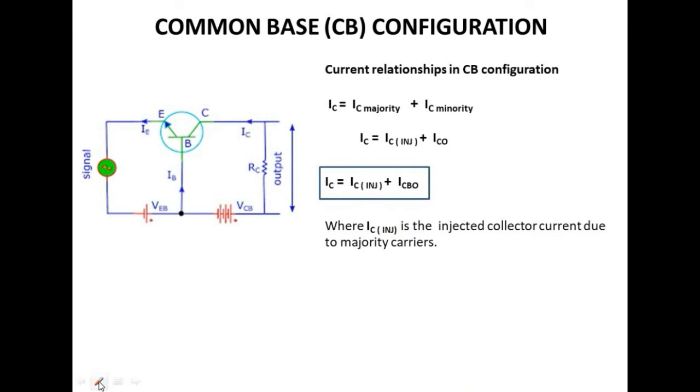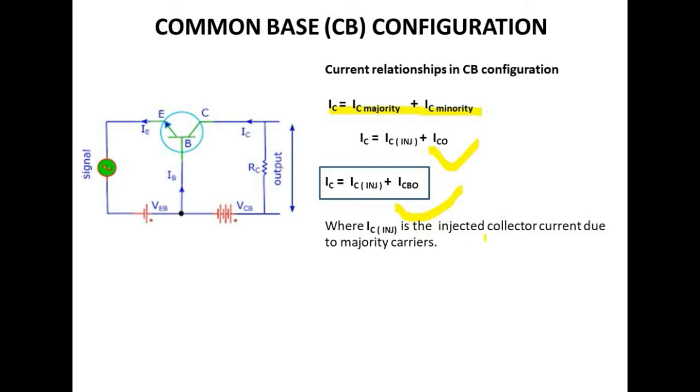Now we will see some current relationships in common base configuration. We have already studied that in common base configuration IC is equal to IC majority plus IC minority, or we say IC equals IC injected plus ICO. That can also be written as IC equals IC injected plus ICBO.